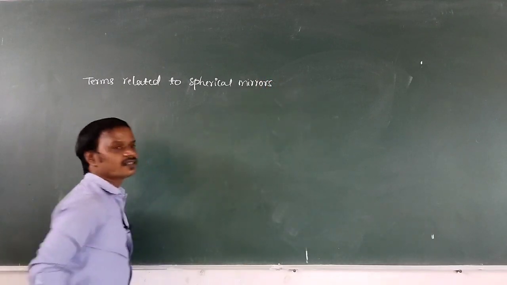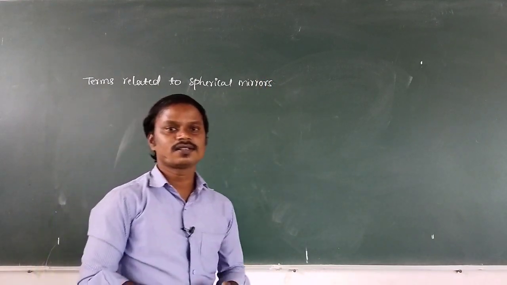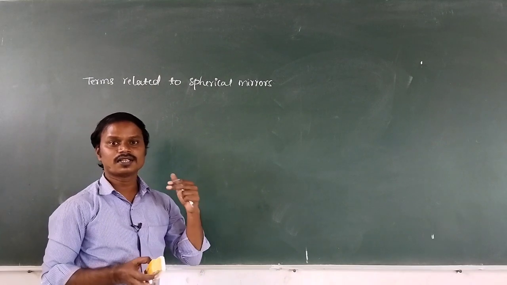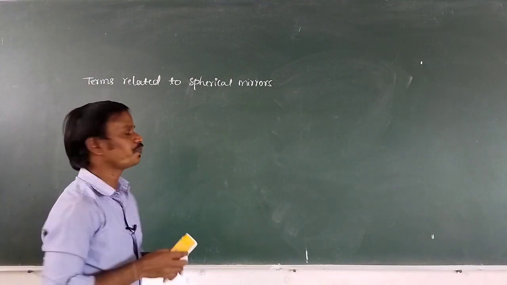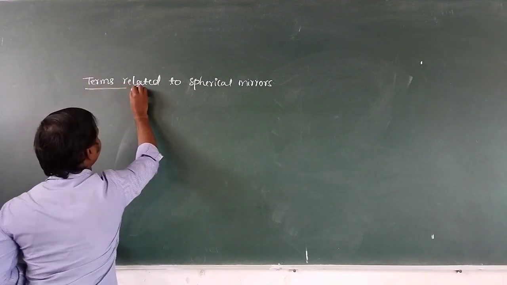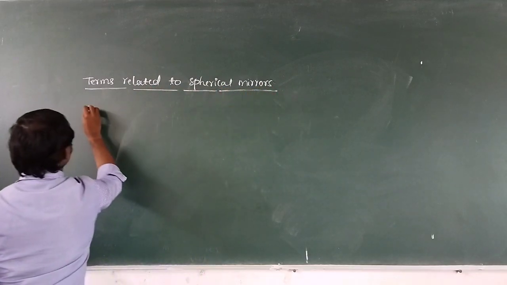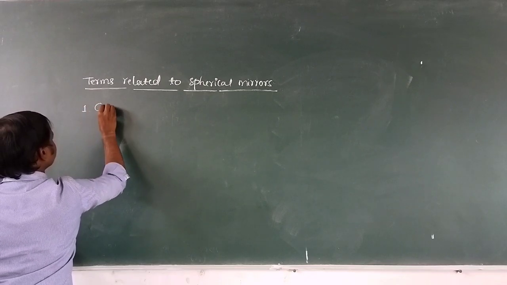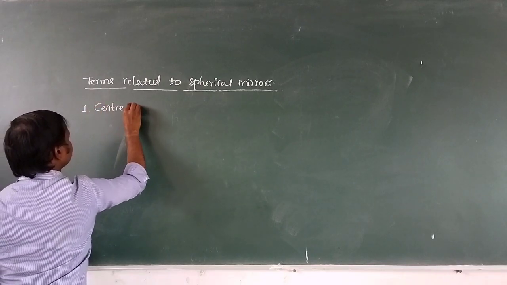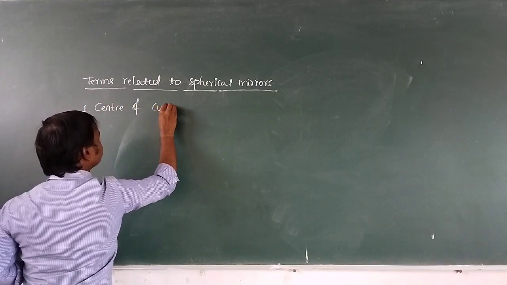Simply, these spherical mirrors are called curved mirrors. Now, the terms related to spherical mirrors. What is the first term? That is the center of curvature.